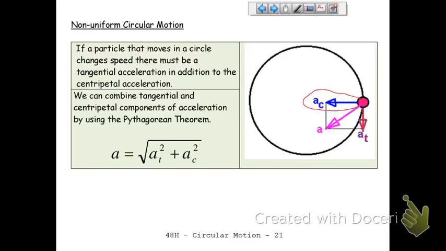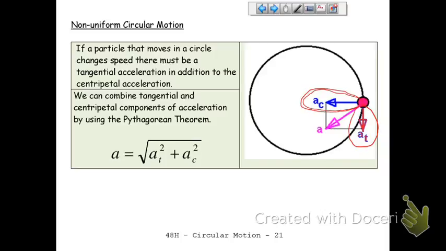So under those circumstances, remember, 90 degrees means they're independent of each other. So I have a centripetal acceleration, which depends upon the actual speed, and I have a tangential acceleration which depends upon the rate at which my speed is changing, and I add them vectorially.